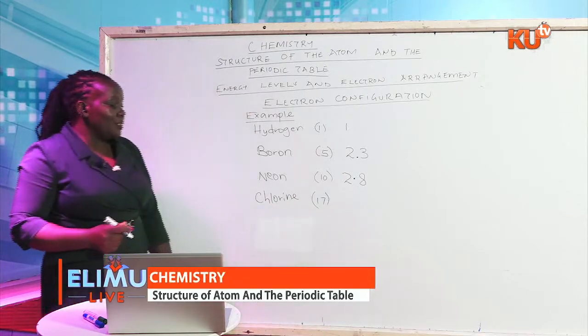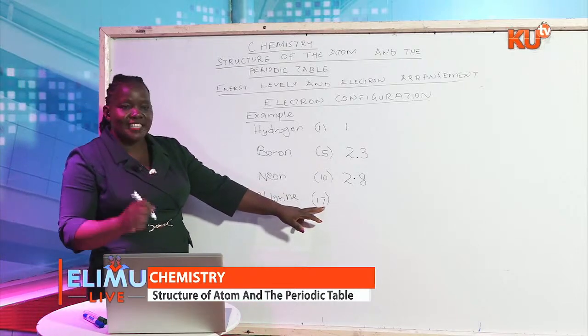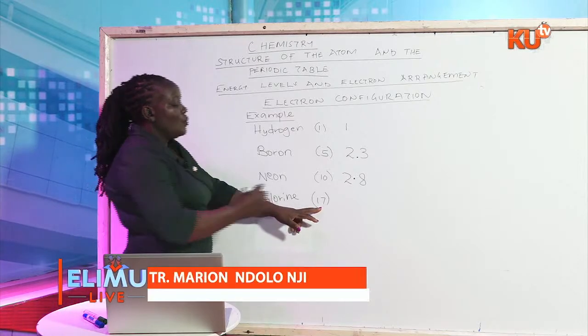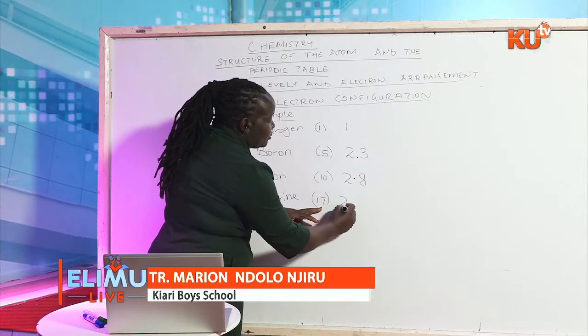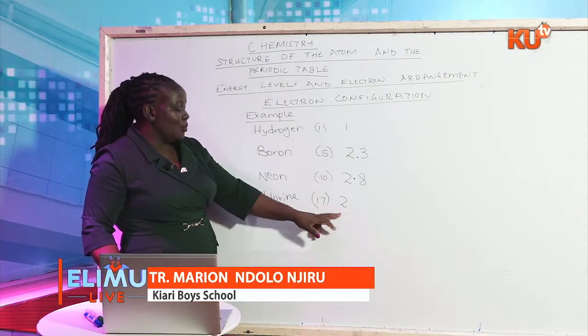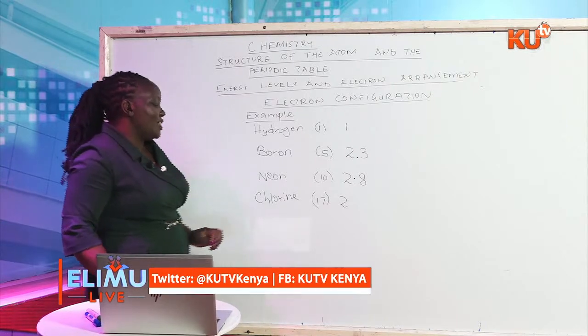Now, because it has 17 electrons, we start with the first energy level. The first energy level will get the maximum number of electrons, which is 2. So when you subtract 17 minus 2, we are left with how many electrons? We are left with 15.